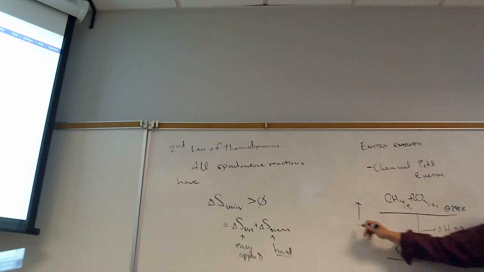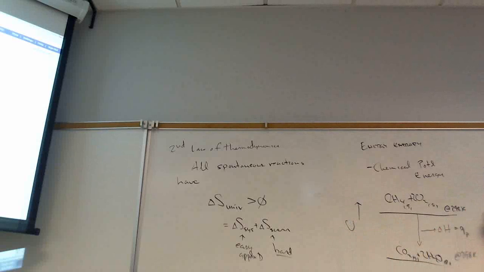Because if we're looking at the total energy, U initial is equal to what? Well, kinetic plus potential, right? U final is equal to kinetic final plus potential final, right?